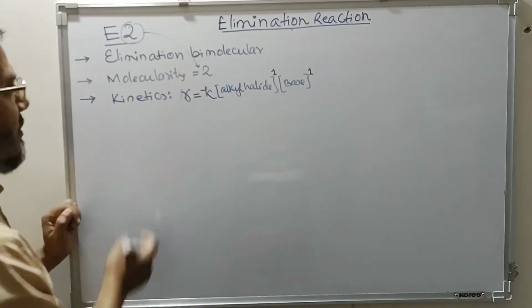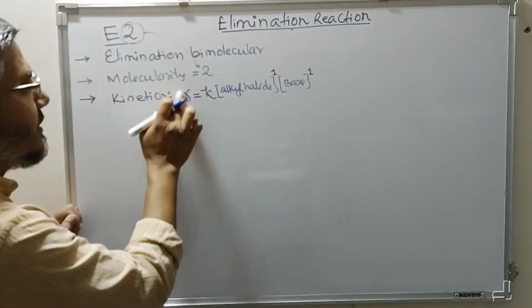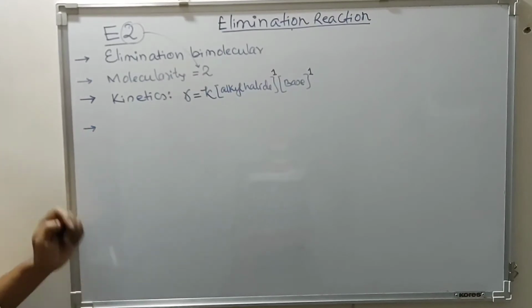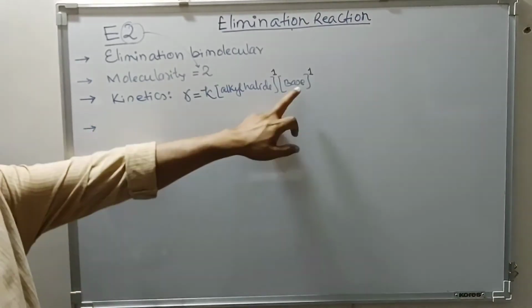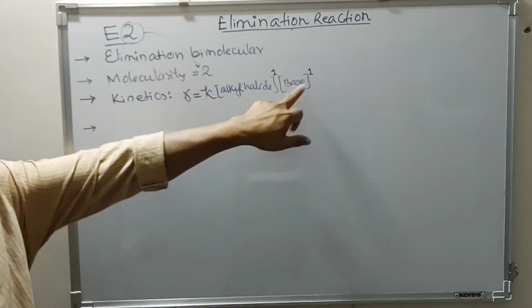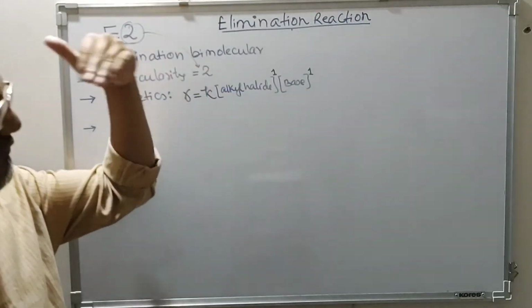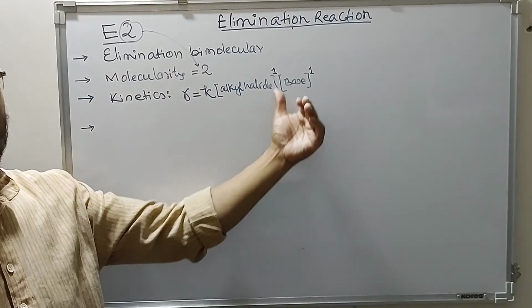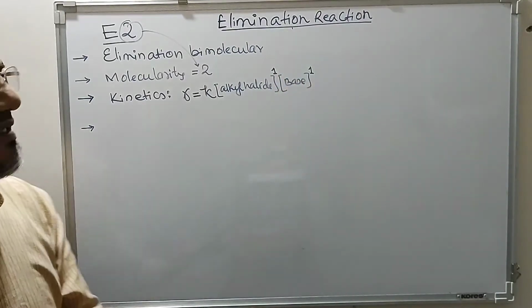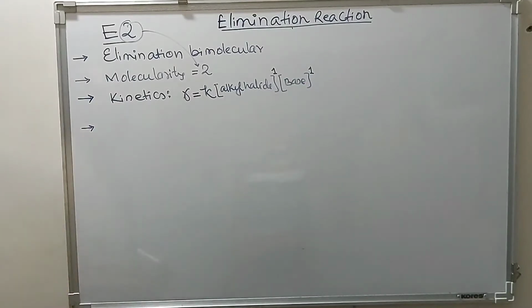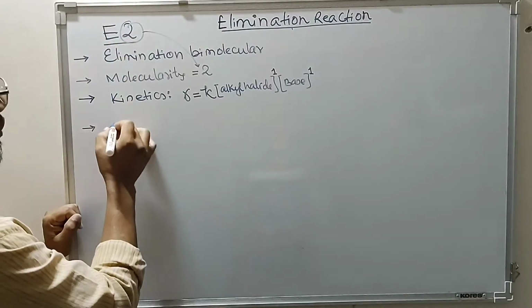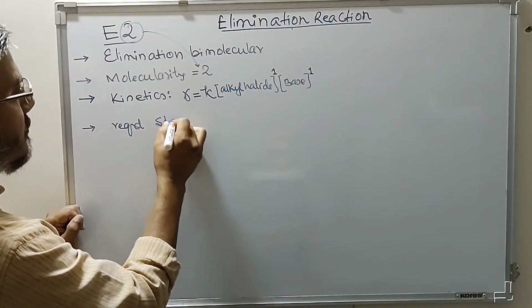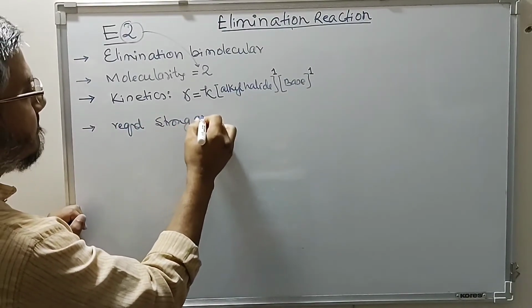That means for this E2 reaction, the requirement is the rate becomes faster if we use a strong concentrated base. If the concentration of the base is less or we are using a weaker base, then the rate becomes slow. So E2 requires strong and concentrated base.